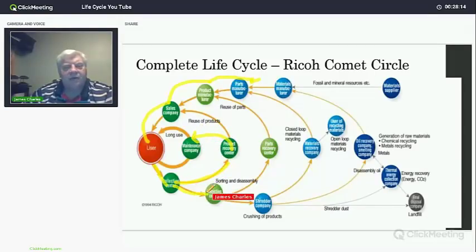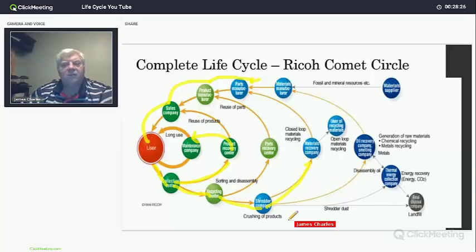It goes to a recycling center, so we can pull off some recyclables. Then it goes back into a shredder, which then goes back into the material manufacturing process. So again, it's a pretty nice graphic relative to demonstrating this life cycle of any of our products.